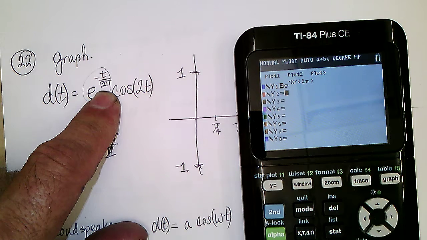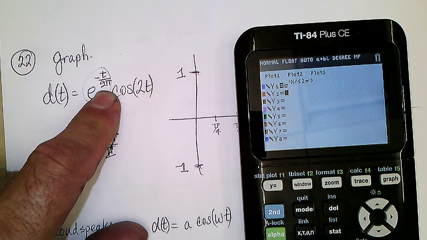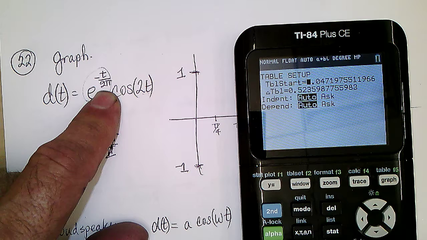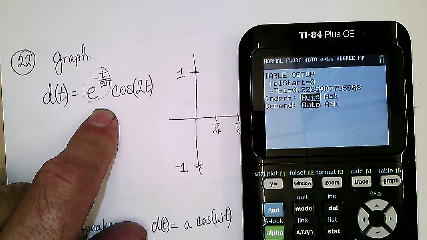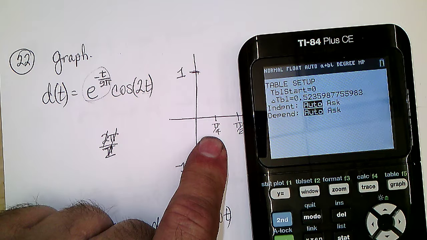Enter. So I have minus x divided by that. Now I can go to second table set and start at 0 and step by pi divided by 4.